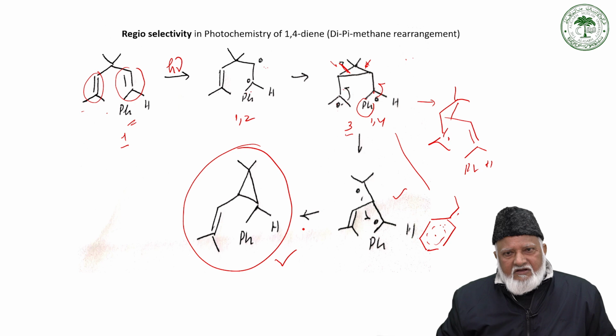The radical which is resonance stabilized doesn't form a double bond, whereas the less stabilized radical forms the double bond, and exclusive formation of one bond of the cyclopropane takes place to give the product.